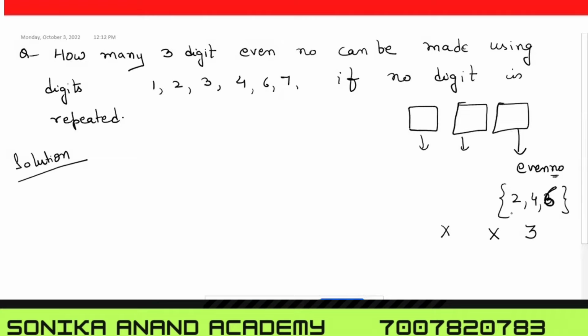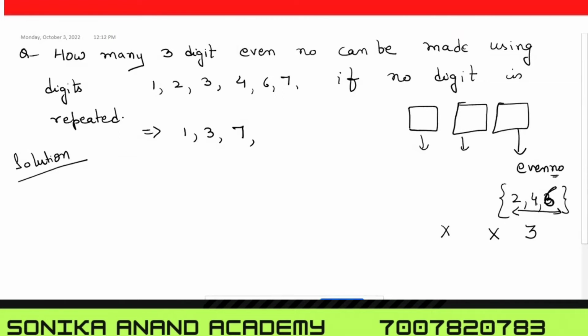Now, the numbers which we left: 1, 3 and 7. These three we just take as a group, because only one of them is used at this place.